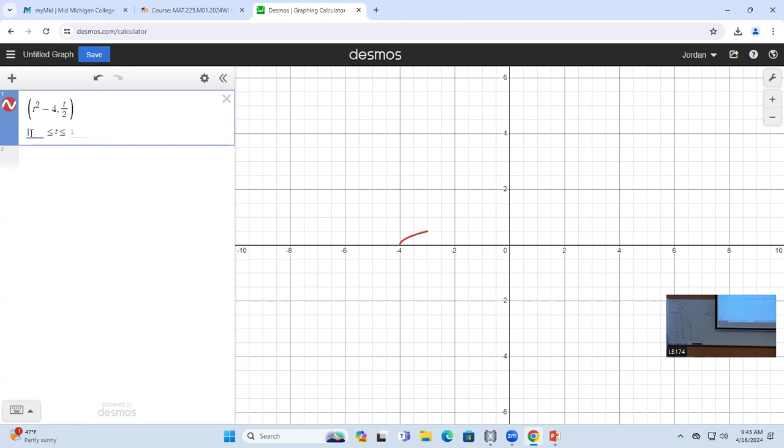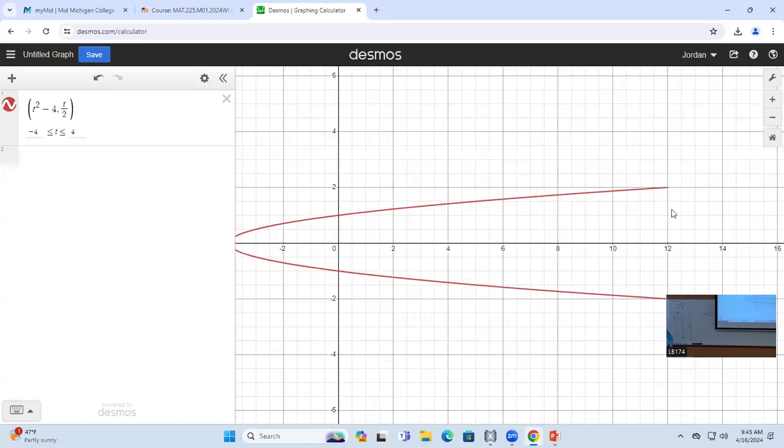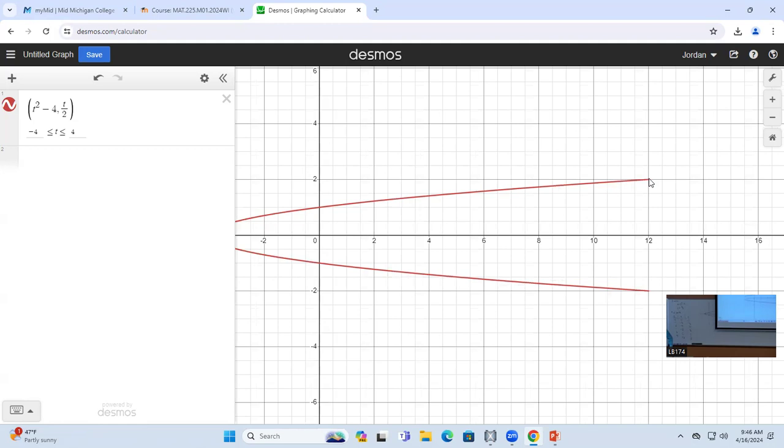Now, if you start and go from 0 to 1, you just get this part of the curve. So if we go, for instance, from a t value of -4 to a t value of +4, I get that parabola that I had graphed on the board. Notice that because I only went from -4 to +4, it kind of stops right here.